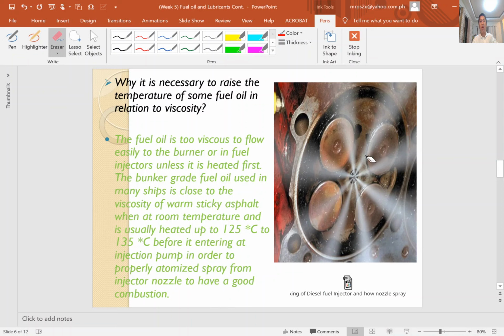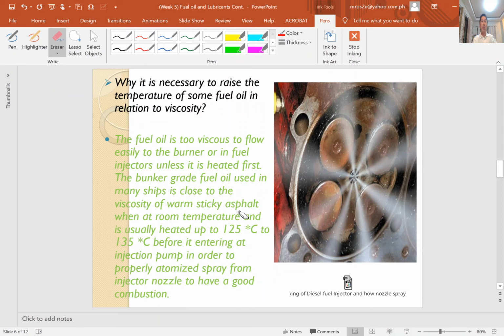So this atomization here is the diesel oil. We need the fuel oil to atomize the same as this atomization. Why? If your fuel oil is not heated, it is very viscous, just like sticky asphalt.